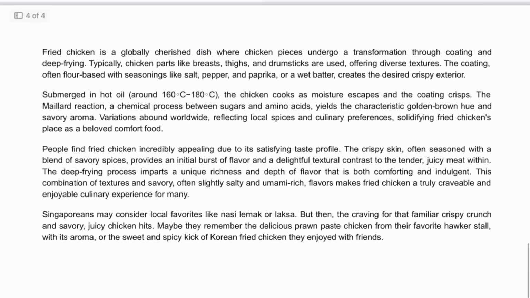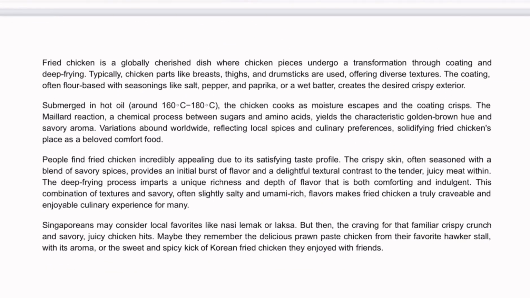Now in this case here, the third example, this is where we are seeing information that comes from the textbook or maybe a piece of information that you found online. So if you see the first two paragraphs, it tells you about fried chicken. It gives you general information of fried chicken. Now, if my point that I'm going to make is that fried chicken is delicious, so going back to the same point that we actually made at the start, we realize that the first two paragraphs actually are not very relevant.